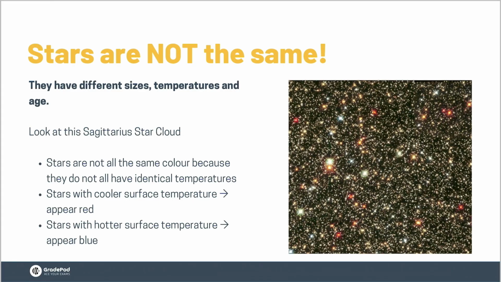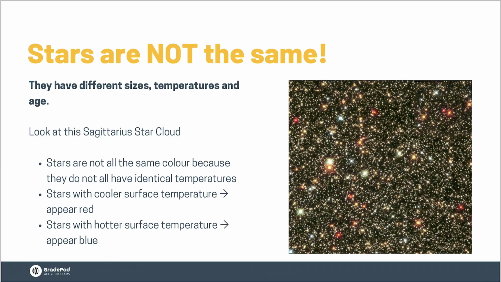Let's have a look at this picture of the Sagittarius star cloud. This is us having taken a picture of Sagittarius star cloud with a really fancy telescope. And you can see that not all the stars look the same. They're different sizes. They're different colours as well. And the reason for that is that stars aren't the same.